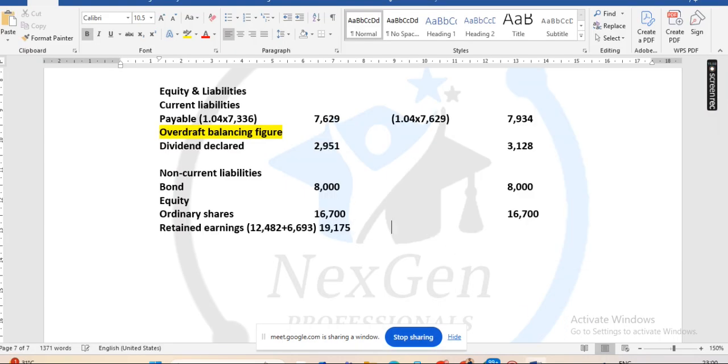Quickly, so that we can end the class. This is for 2022. Now, for the one of 2023, you bring it forward to 2023. So we have 19,175 plus the retained earning for 2023.